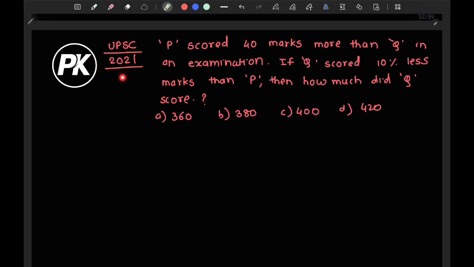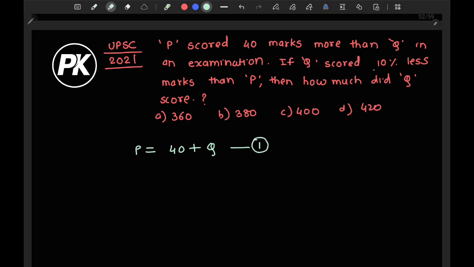So this problem was asked in UPSC 2021. So now here what the statement is saying, P scored 40 marks more than Q. Okay, then should I write P scored 40 marks more than Q? So this is the first equation.